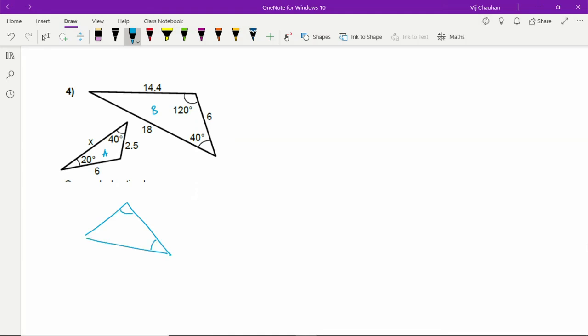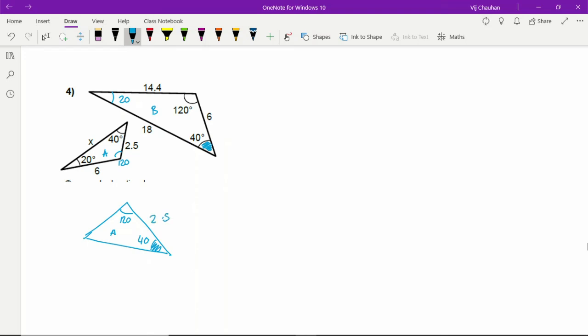So here I've got the 40 on this side. Well, actually, this side is going to be 20, and this angle here is going to be 120. That's certainly going to help because the angles aren't double marked. So if we have the 40 degrees here and the 120 degrees there, then the side that's got 120 and 40 is 2.5.